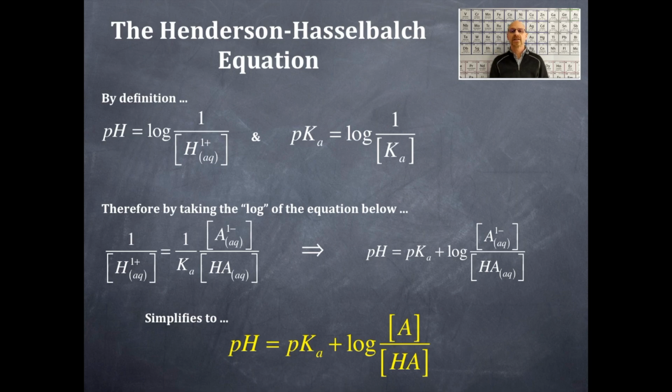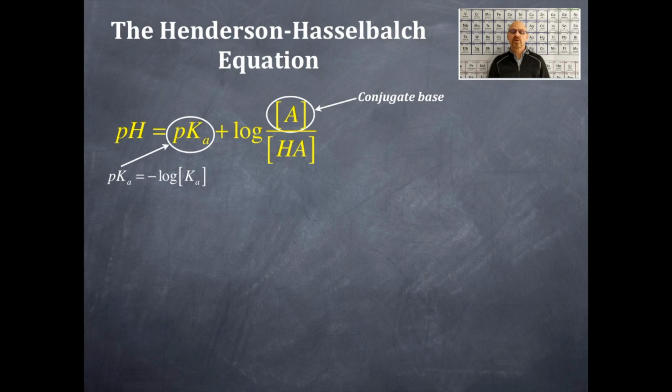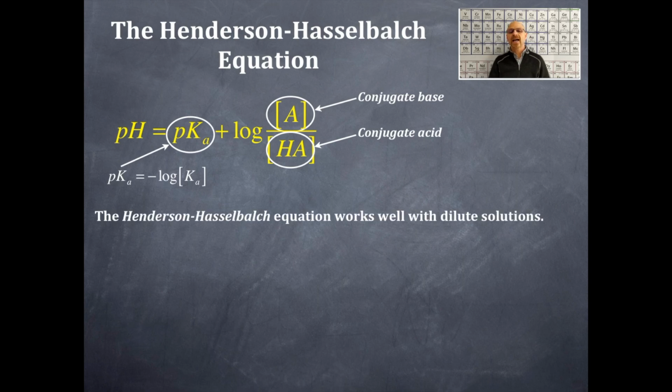So let me tell you a little bit more about this. There's the Henderson-Hasselbalch equation that we just derived. The pKa is equal to the negative log of the acid dissociation constant. The numerator of this fraction is the conjugate base. The denominator is the conjugate acid. The Henderson-Hasselbalch equation works well for very dilute solutions.